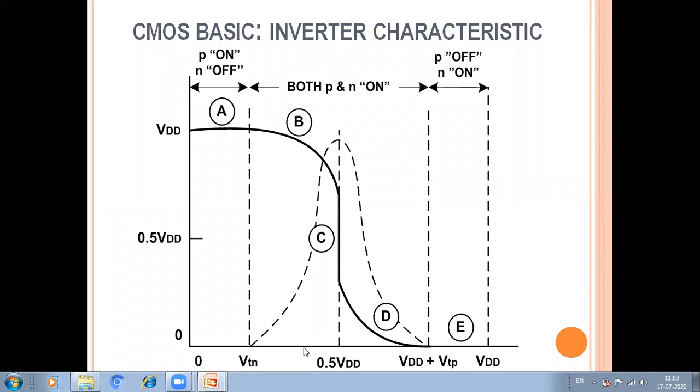If the input is 0 to the CMOS inverter, ideally the output should be 1. So for a low input voltage, the output is high, right?